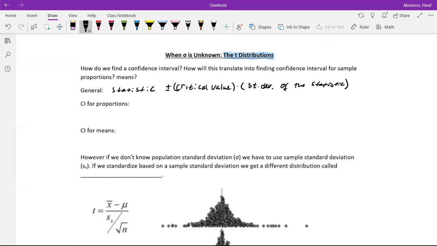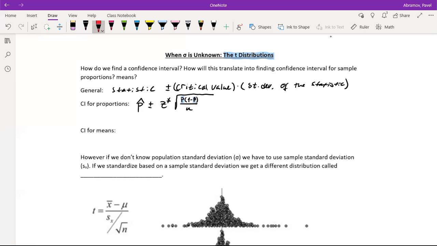So we learned how to find the confidence interval for proportions in the previous lesson, and it looked like the following. In this case, the statistic was p hat, which is a sample proportion, plus or minus critical value, which was our z-score, times the standard deviation of the statistic, which was given by the following formula. However, we also discussed how our p is the true population proportion, but we can never truly know what the true population proportion is, because if we do know it, we don't really need the confidence interval anymore.